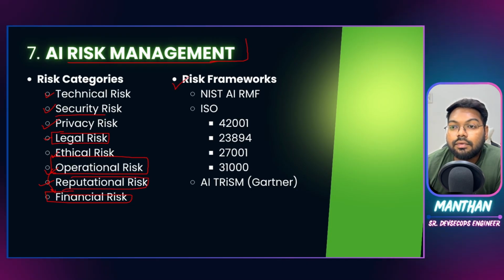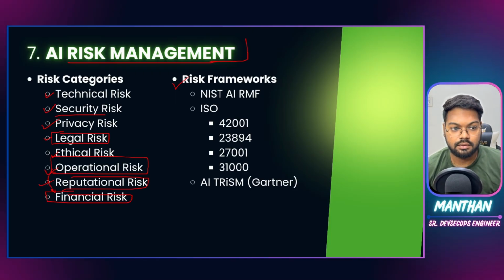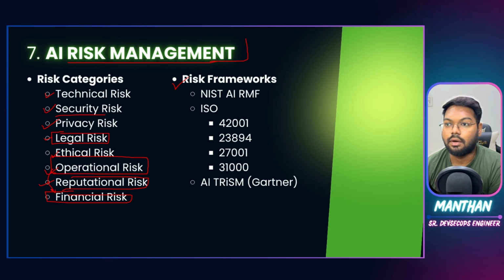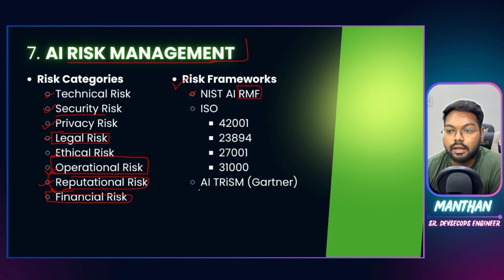Then there are different risk frameworks that you can use for reference. I think my voice is a bit loud over here, but that's fine. The NIST AI Risk Management Framework is one of the most core frameworks that you can look at, and then something like AI TRiSM.